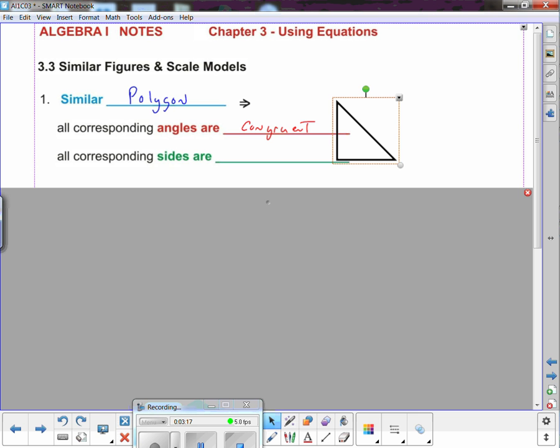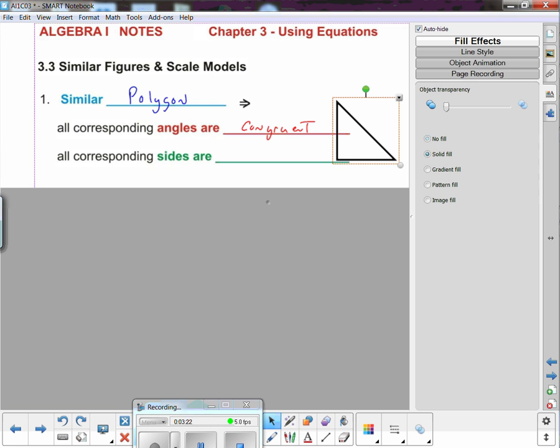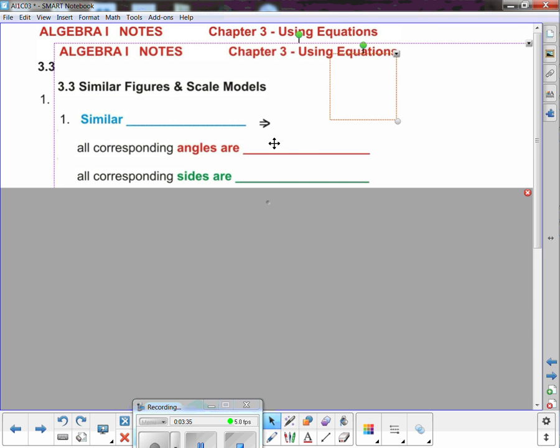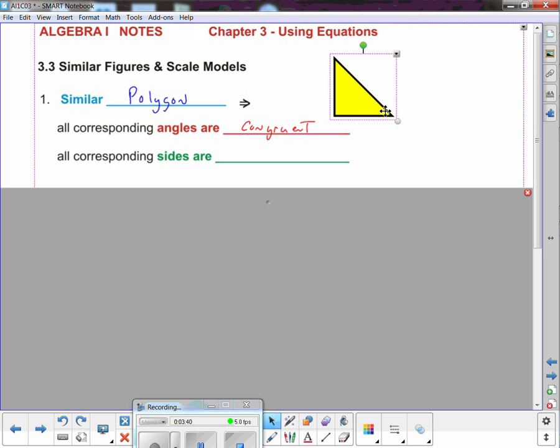So let me do a triangle here. Let's fill it up. No, I don't like blue. I do like blue, but not in my triangles. Okay, so again, let me get a similar triangle. Let's undo that. No, just a triangle, please.